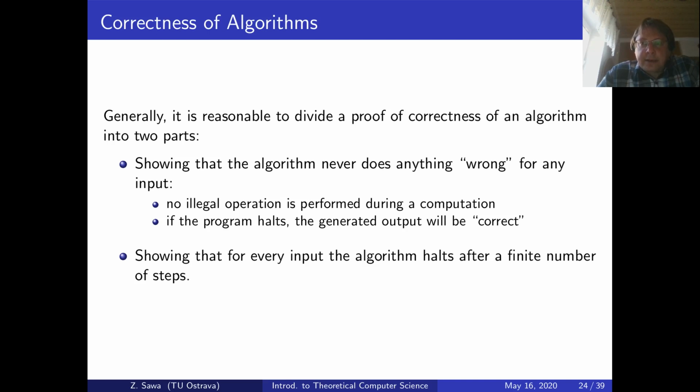It's quite convenient to divide the proof of correctness into two separate parts. The first part will prove so-called partial correctness of the algorithm, which basically means that we will show that the algorithm never does something wrong.